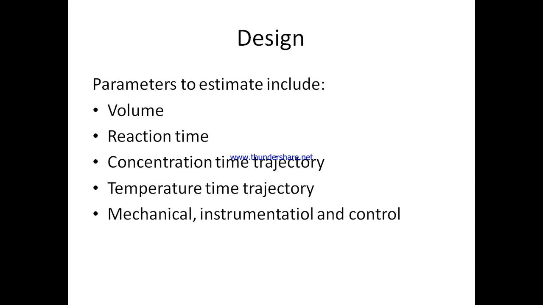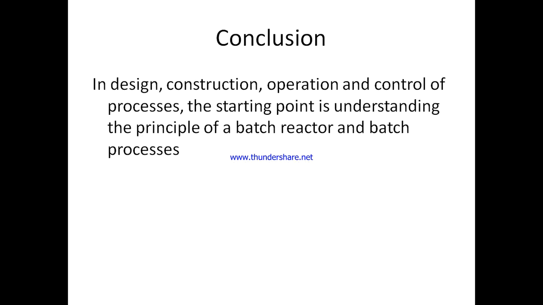And then you factor that. So at that level we move on to talking about are we using a PID control scheme. Then you estimate the parameters to tune the controller. So those are items that you look at in designing a batch reactor.